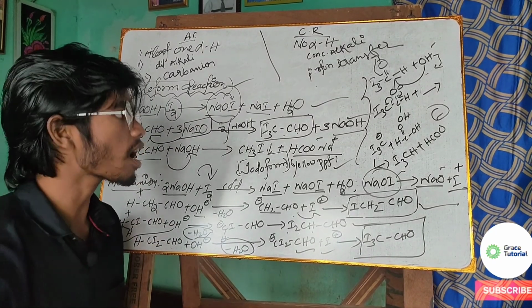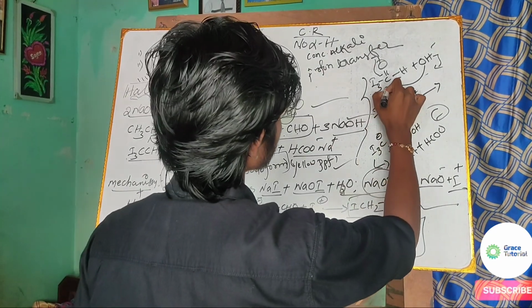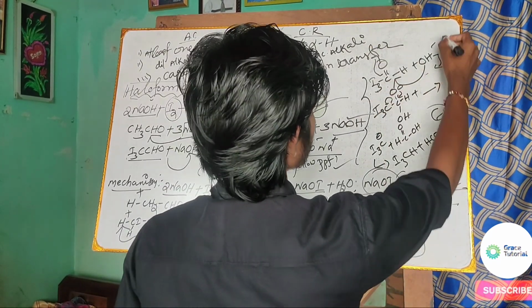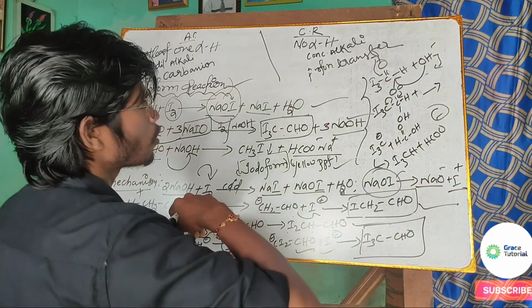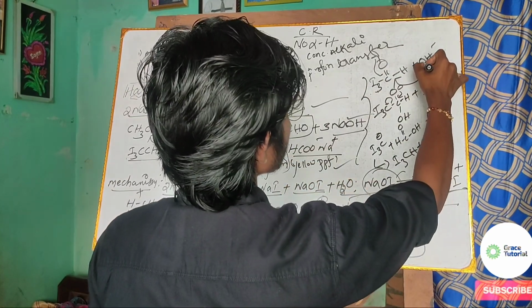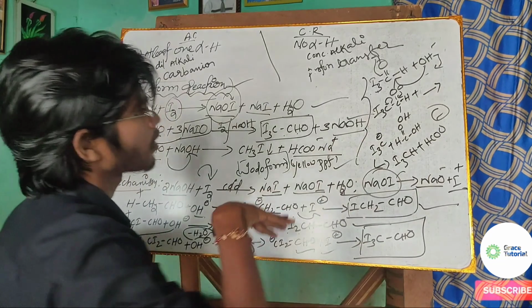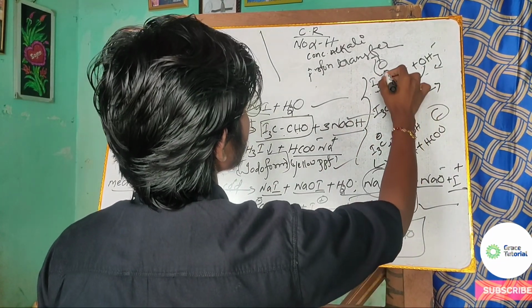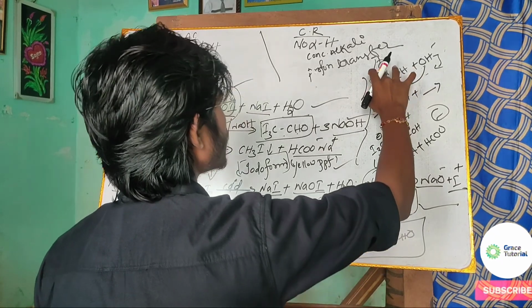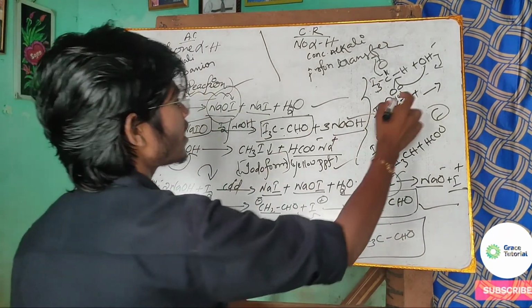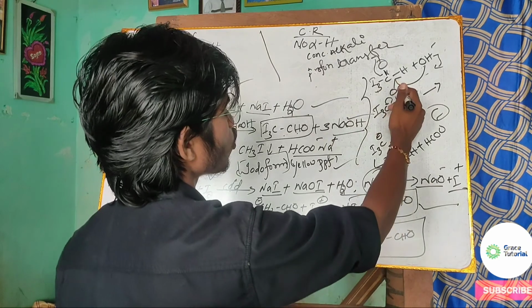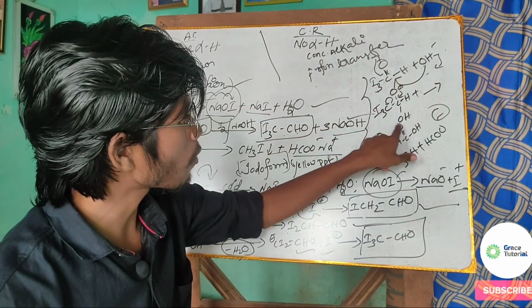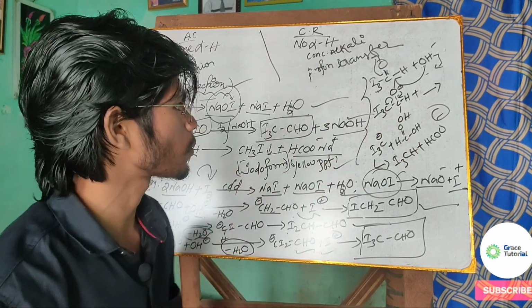But here it does not stop. Look here, I3C-CHO, if it again reacts with OH minus ion, the oxygen atom of the hydroxide ion attacks the carbon atom, and the shared pair of electrons is attracted by the oxygen atom, and finally a negative charge is created on the oxygen atom. And since the hydroxide ion is attached to this carbon atom, a sigma bond is formed.